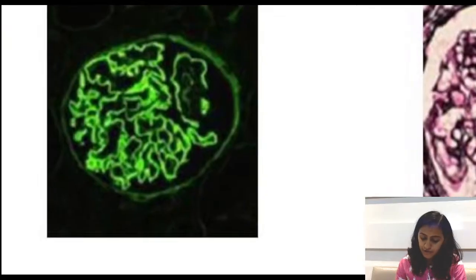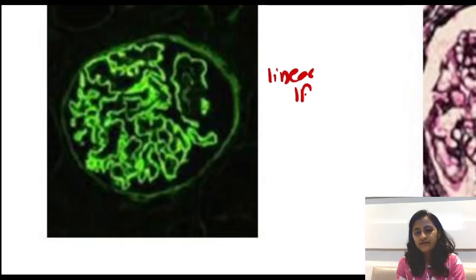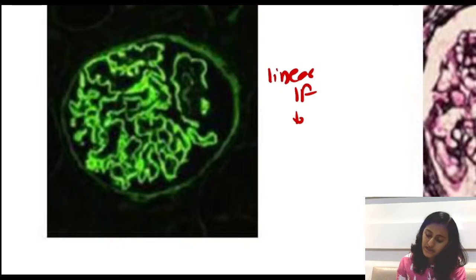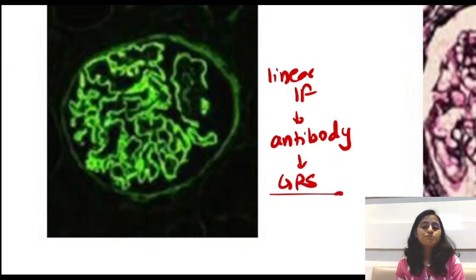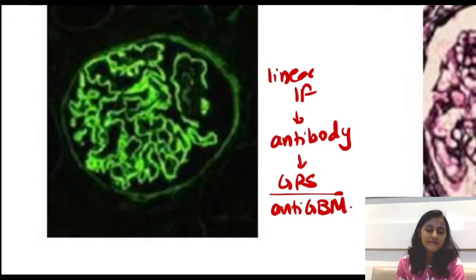In the immunofluorescence, if you see this linear pattern, not the granular pattern, linear immunofluorescence is suggestive of antibody deposition. It is not immune complex deposition. Where do we see antibody? In Goodpasture syndrome. What antibody do we have? We said it is anti-GBM antibodies, right?